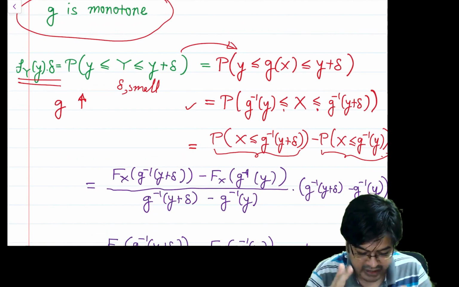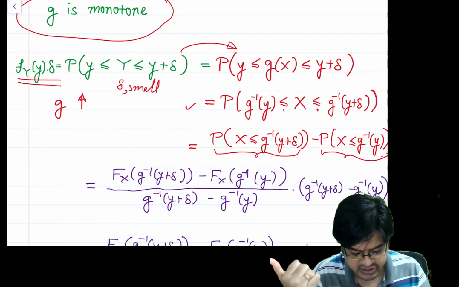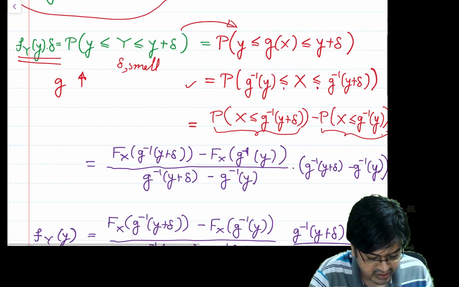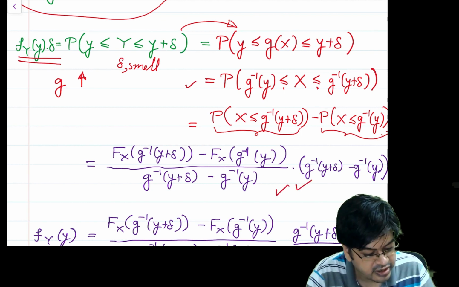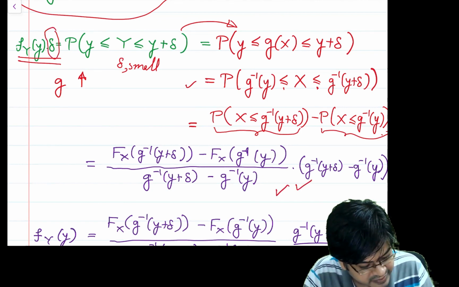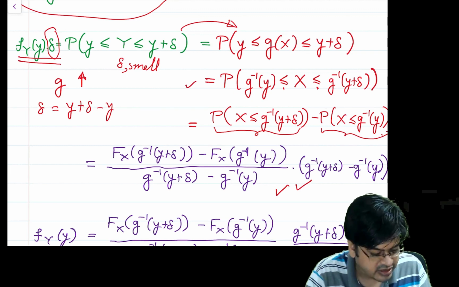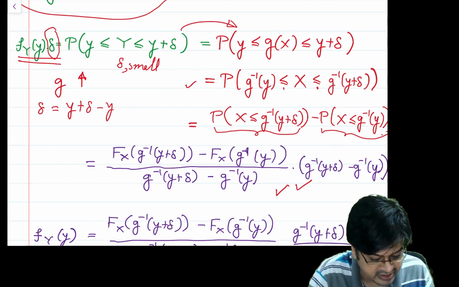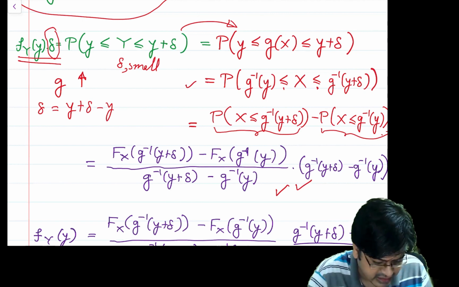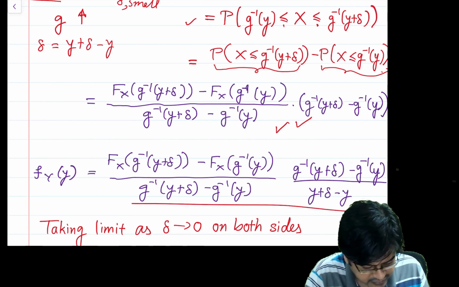So now you multiply and divide by g inverse of y plus delta minus g inverse of y. If you do that, you will get something of this form. Okay, now one delta is lying here. I can write this delta as y plus delta minus y. This delta is small but greater than 0, so I will pull this delta to the other side and I will get this result.